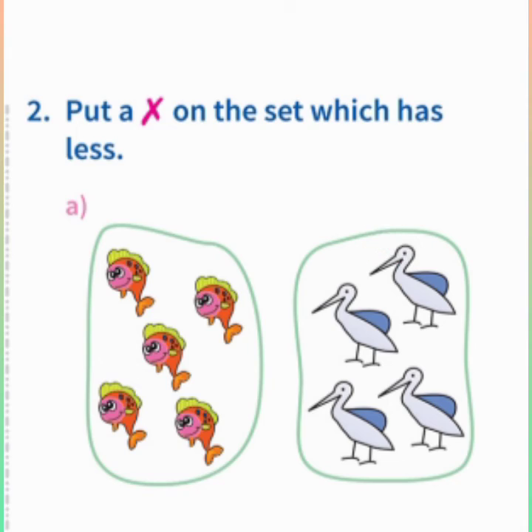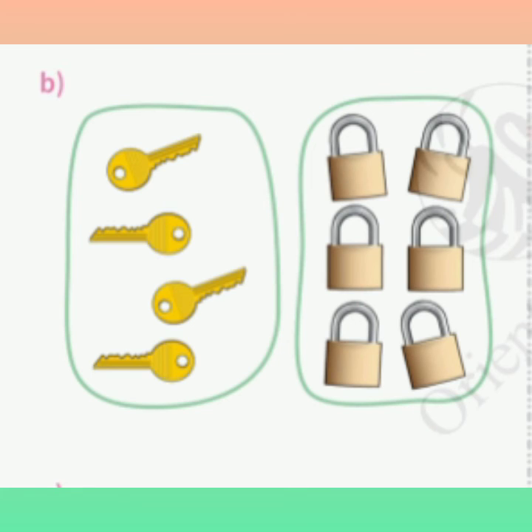So let us learn with the next example. On one side of the image there are 4 keys. And on the other side you can see there are locks. I am going to count the locks available here. 1, 2, 3, 4, 5, so there are 5, 6.